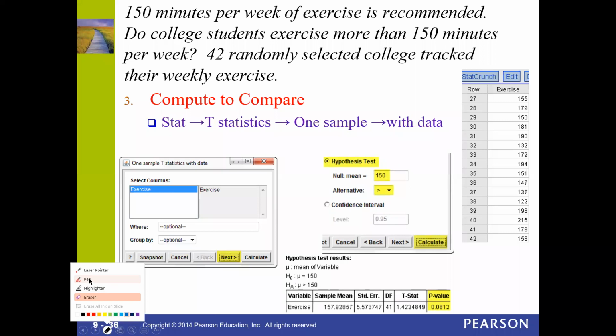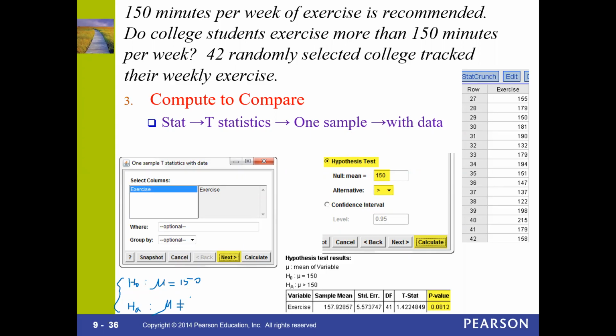Now let's interpret. As you can see here, your p-value is greater than alpha. What does that mean? Remember what we have earlier: H0, mu is equal to 150, and HA, mu not equal to 150.